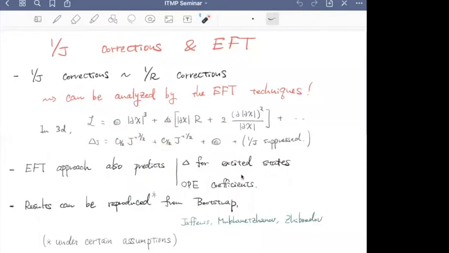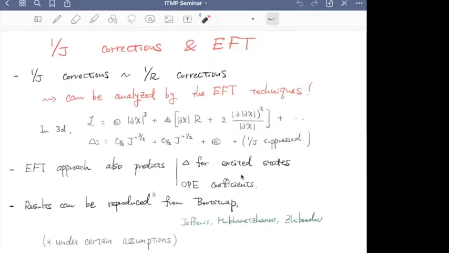But the point is that once you fix these coefficients, then you can make a prediction for the next term, because there is no EFT Lagrangian term which directly corresponds to it. What you need to do is first fix the coefficients and then do the loop expansion using this Lagrangian. This gives you a very solid prediction, and you can indeed check it by, for example, doing numerical analysis of a lattice model.